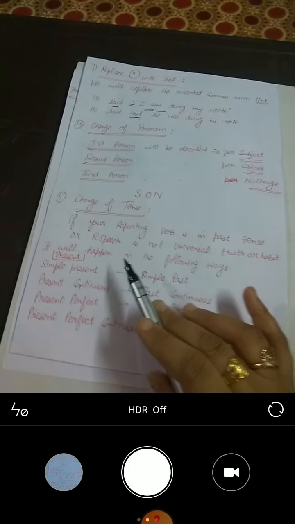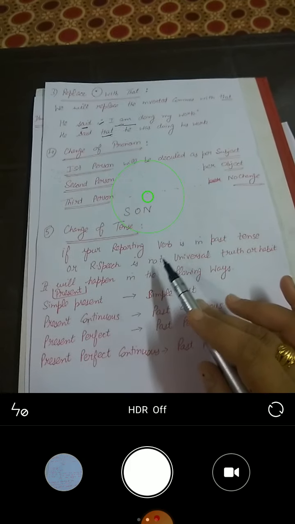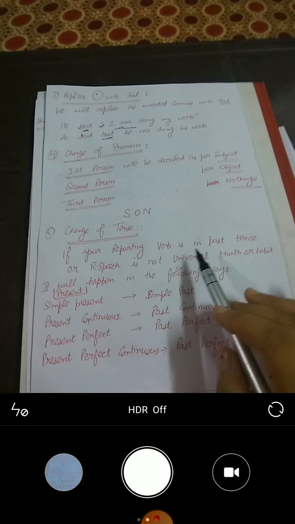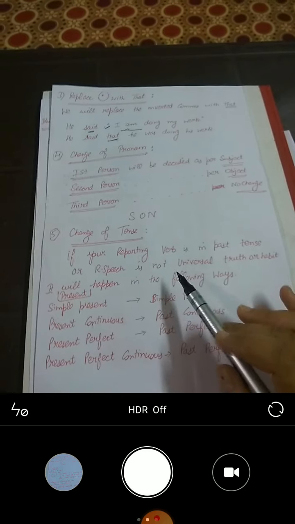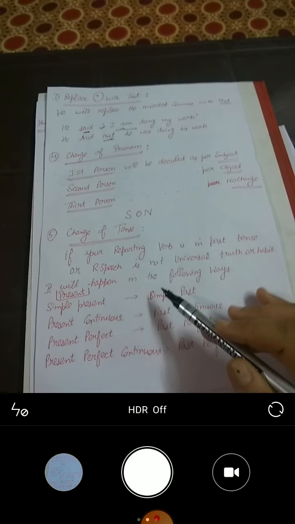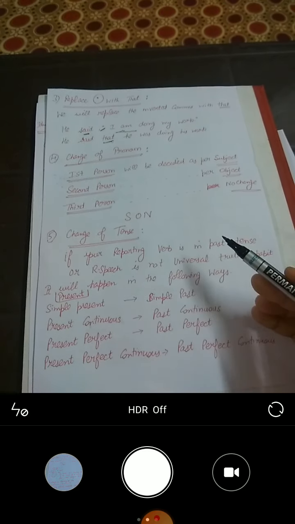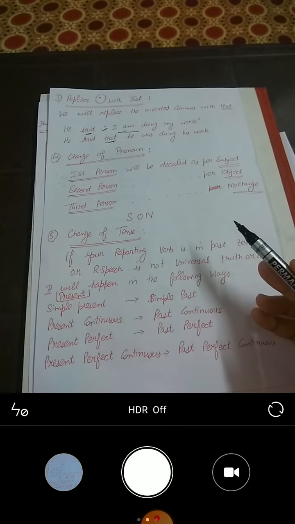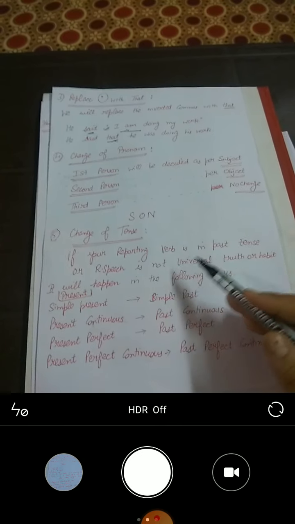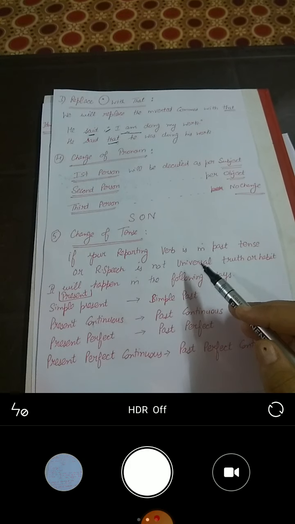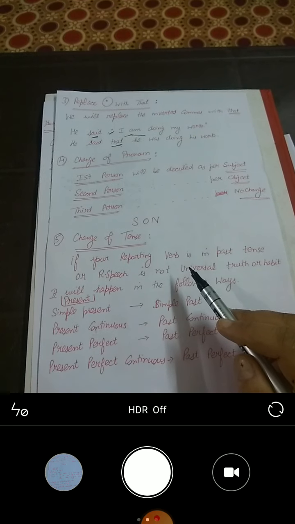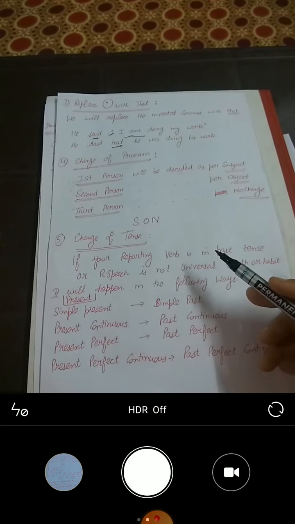Now the next is change of tense, a very important thing. How will you change the tenses? If your reporting verb is in past tense or the reported speech is not a universal truth. Sometimes, students, our reported speech is a universal truth, like the earth revolves around the sun. If it is written, he said, the earth revolves around the sun, it means it is a universal truth, so we can't change it.